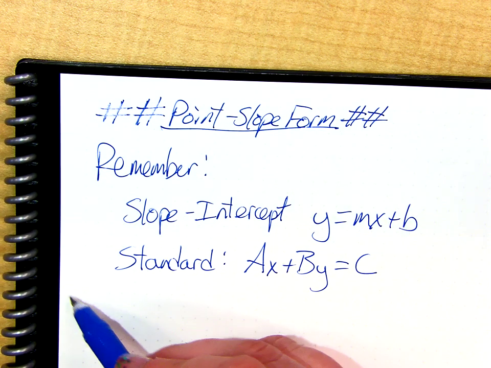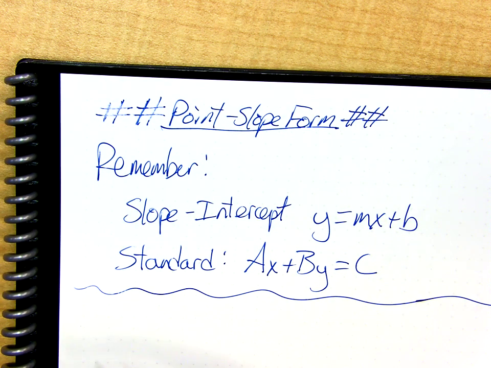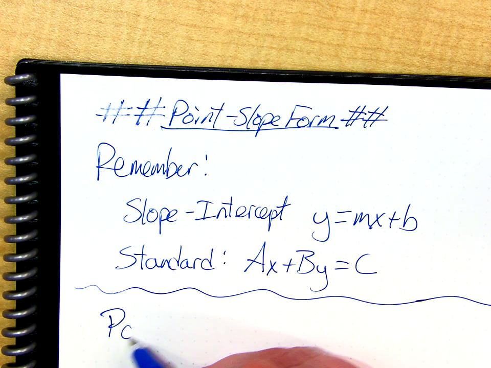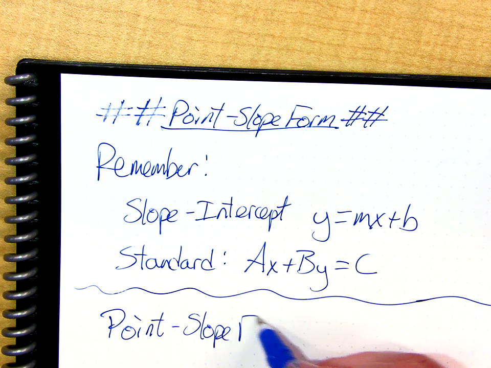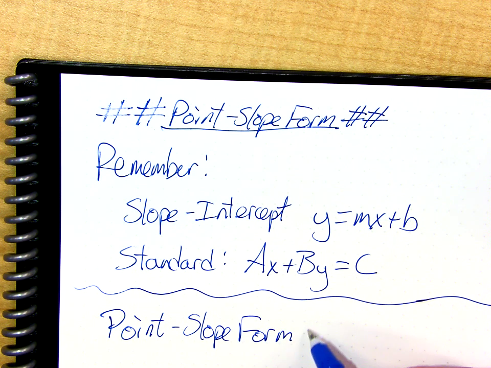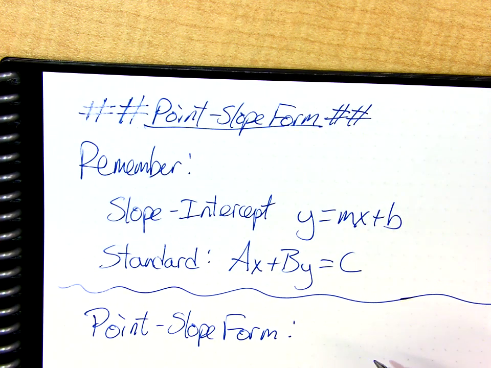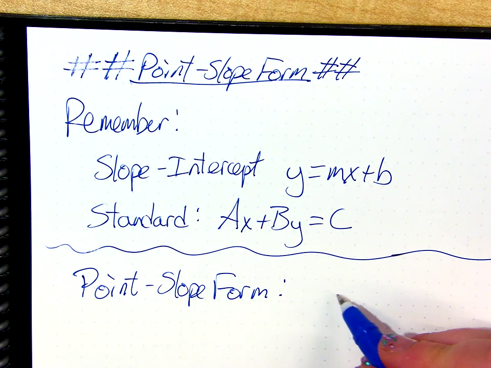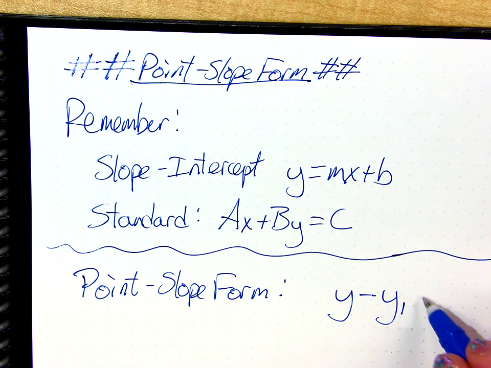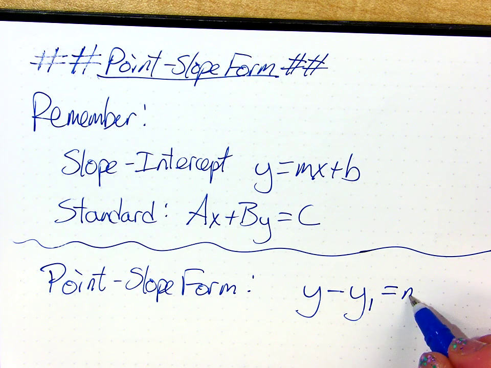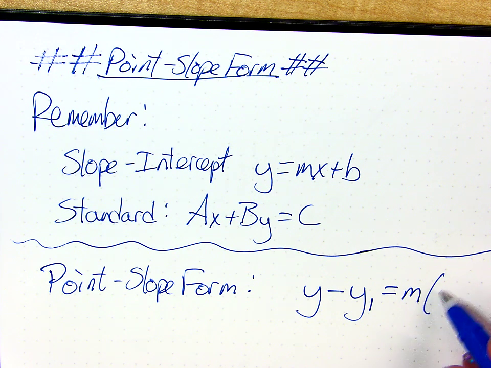All right, so point-slope form, this one's called. Does anybody know it by chance? All right, here it is. y minus y1 equals m, and then in parentheses, x minus x1.